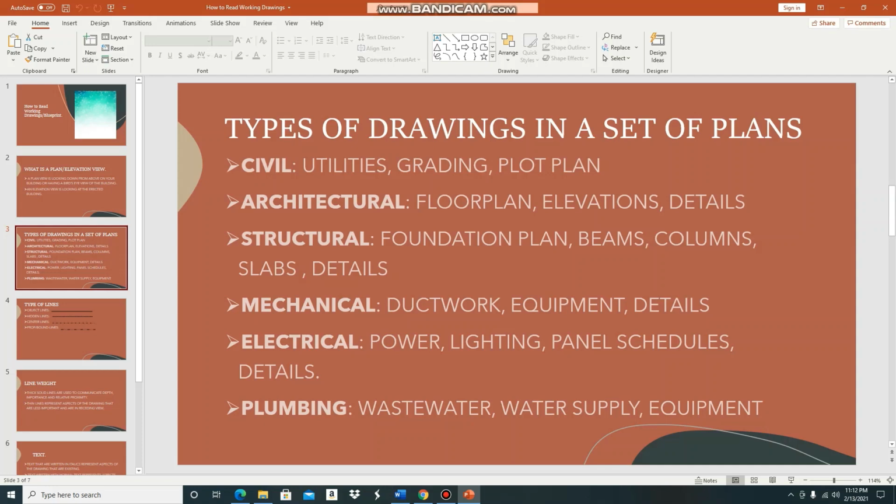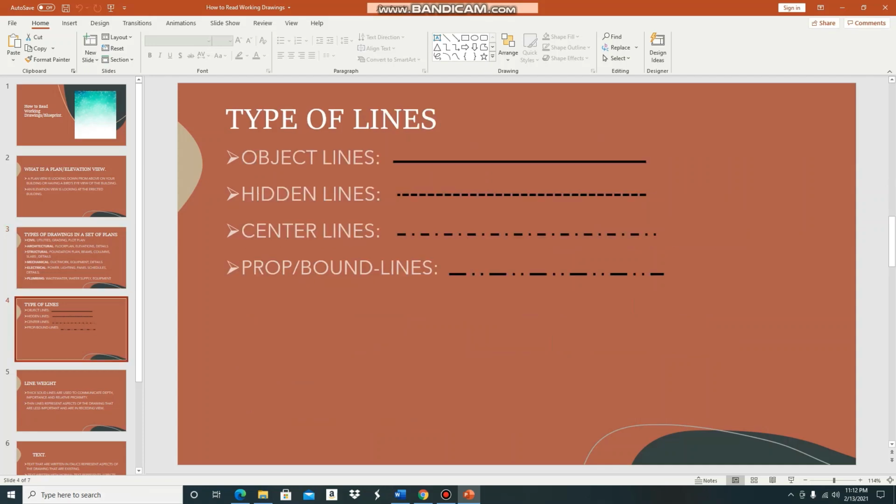Now, your line types. You have to be able to understand and interpret what the different line types are, because without knowing this, you're not going to be able to know what that line is communicating to you. So the first one we have here is your object line, and these are solid lines. Then we have hidden lines. These are broken lines.